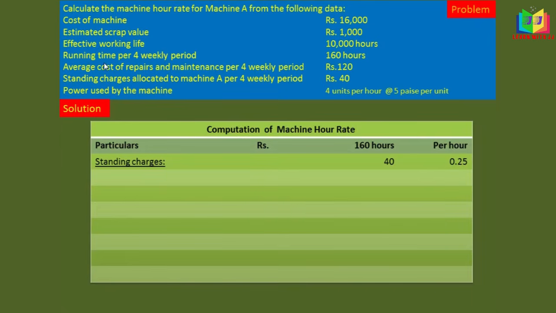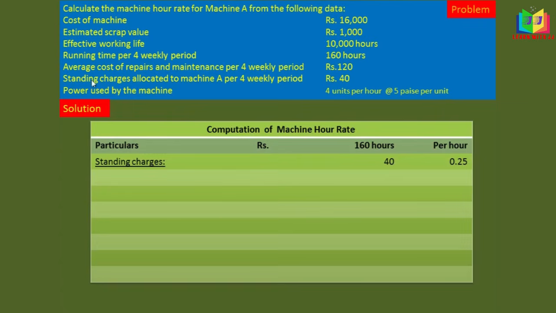In this problem the time the machine runs for the 4 weekly period is 160 hours. The information was given for this 4 weekly period, so it is for 160 hours. If we want to find it per hour, it should be divided by 160, so we'll get 0.25.